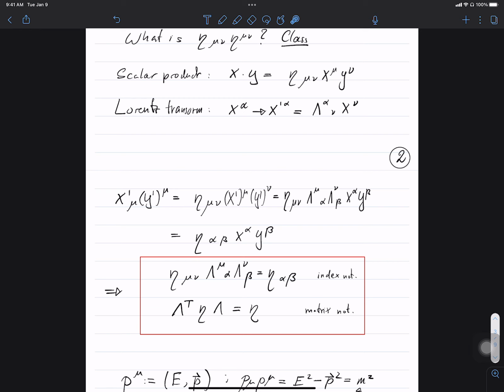Now, the scalar product we already discussed, x times y, in Minkowski space is done by an insertion of the metric tensor, and we can define the Lorentz transformation, right? A boost or a rotation in this 4-dimensional space-time acts on a vector by a 4x4 matrix, and it gives you another vector x prime.